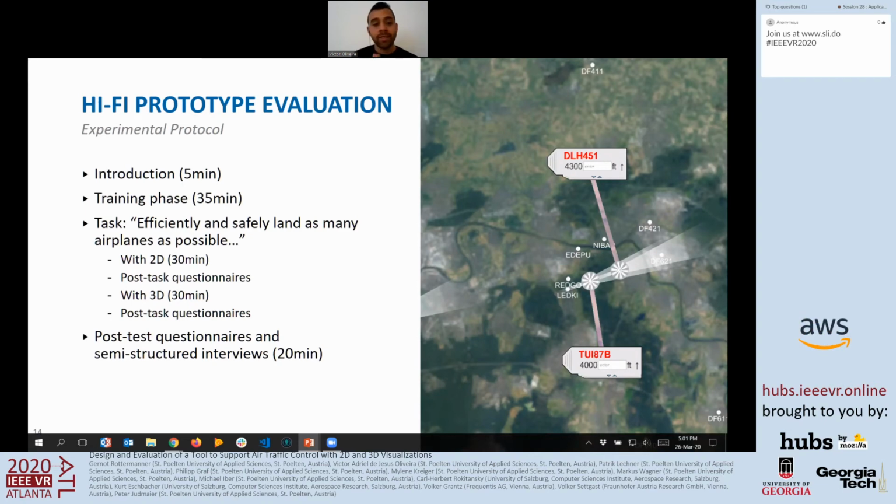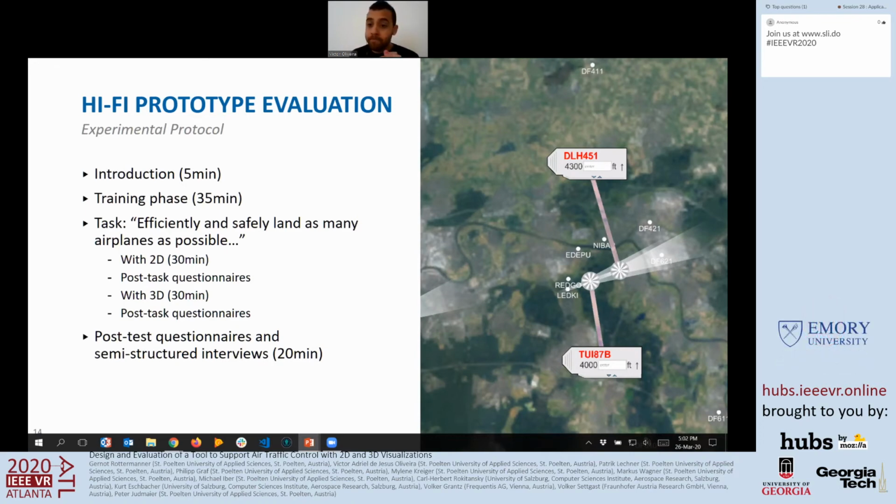And then they had to perform the task, which was to efficiently and safely land as many airplanes as possible, which they did with the 2D for 30 minutes, and then the 3D for 30 minutes. And after each task, they had to answer questions related to situational awareness and workload.